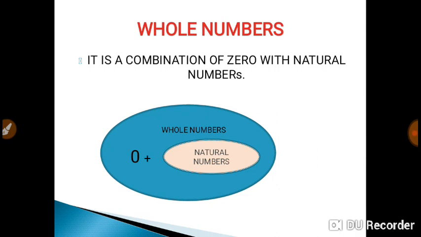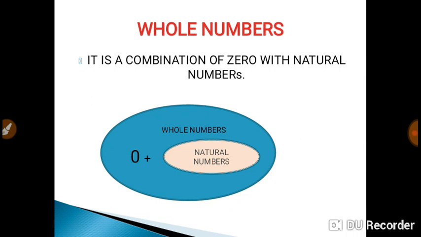Now suppose there are 3 apples in a plate. You have distributed 1 apple to each of your 3 friends. So how many apples are left in the plate? No apple is left in the plate. So we should have a number to specify the absence of any object, which is represented by 0.